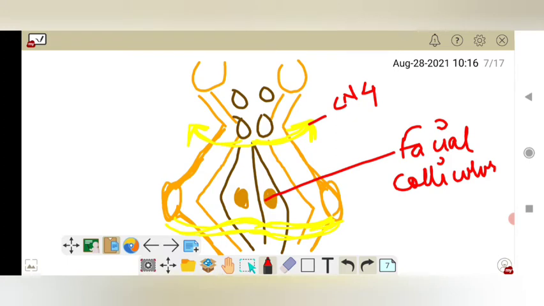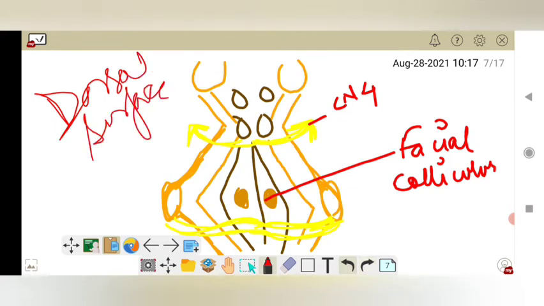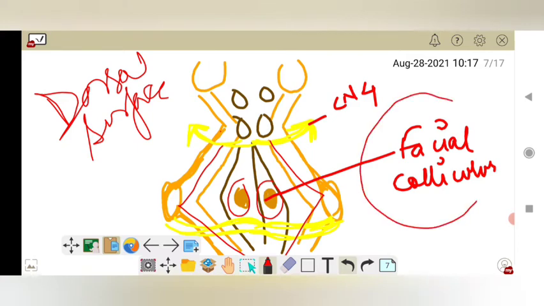Now, where is the branchiomotor nucleus or the motor nucleus of facial nerve located? If we see the dorsal surface of brainstem, on the dorsal view at the floor of the fourth ventricle, this is the floor of the fourth ventricle, and towards the middle we see two elevations. These elevations are termed as facial colliculus.